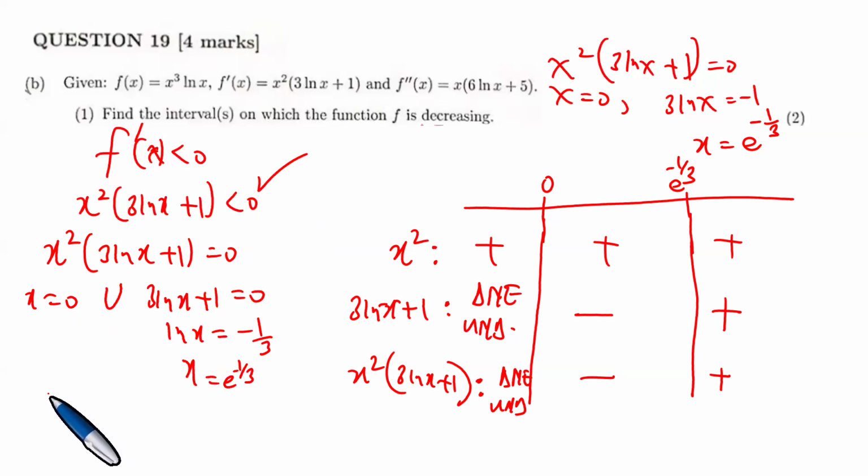Whenever x is less than 0, it does not exist or is undefined. For x bigger than 0, you have a negative, so it's decreasing here, but it is again increasing there.